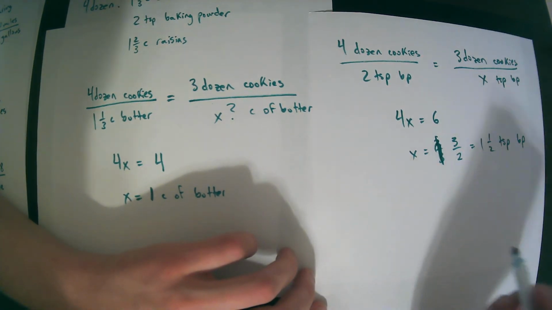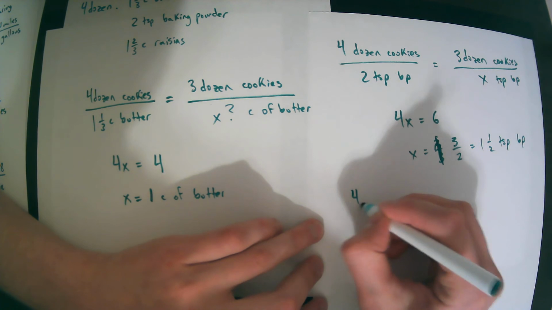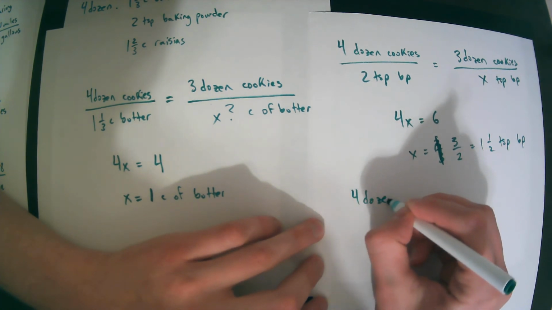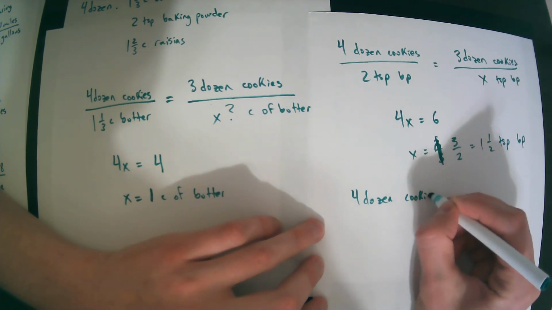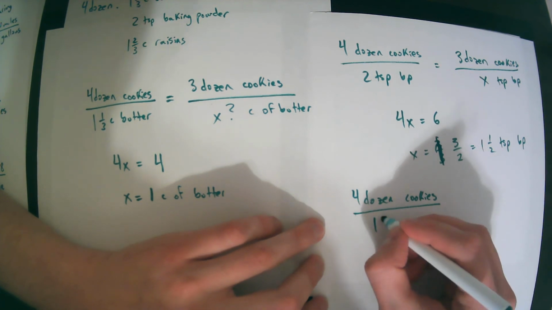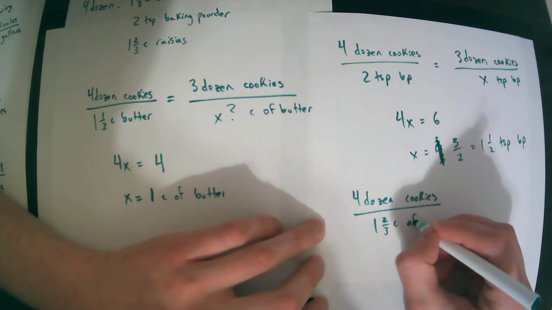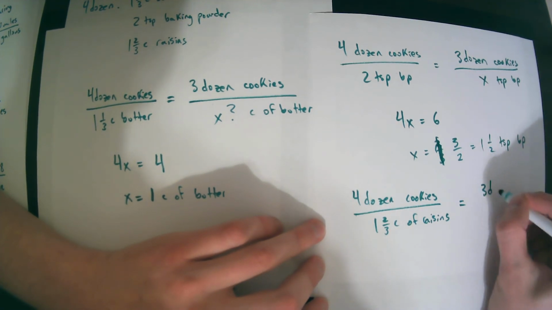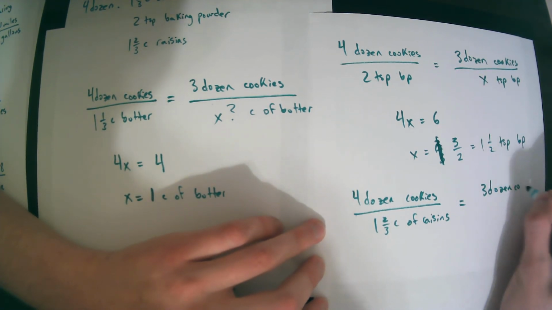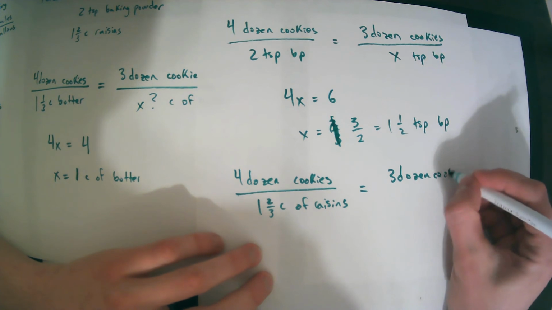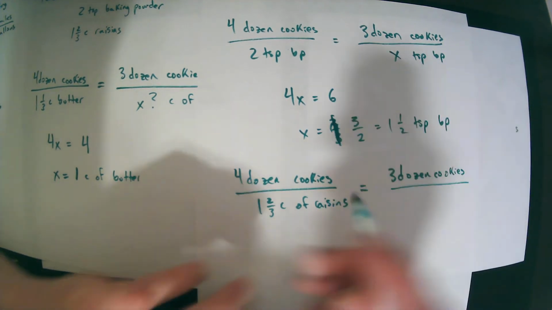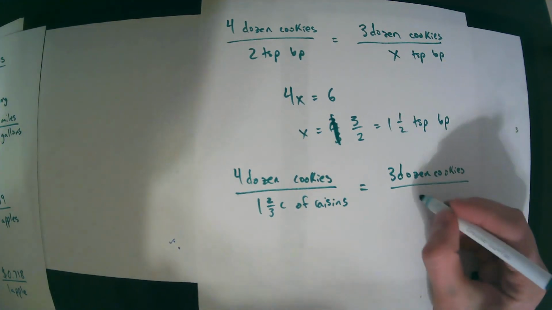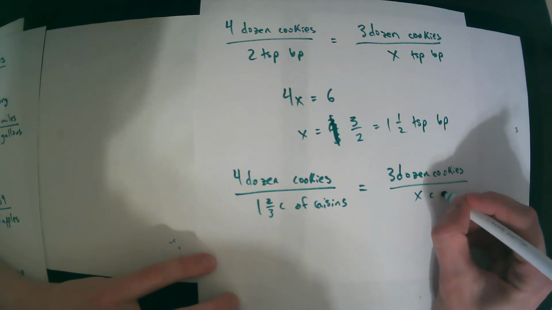Okay, and the last one is those nasty raisins. So 4 dozen cookies per 1 2/3 cups of raisins, equivalent to 3 dozen cookies per X cups of raisins.